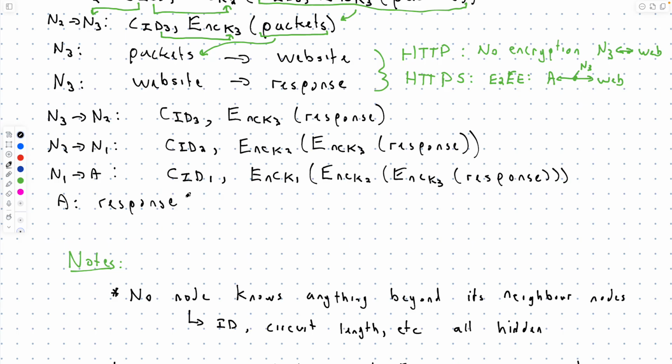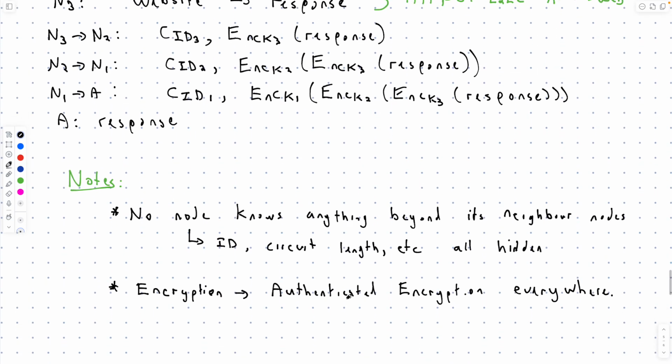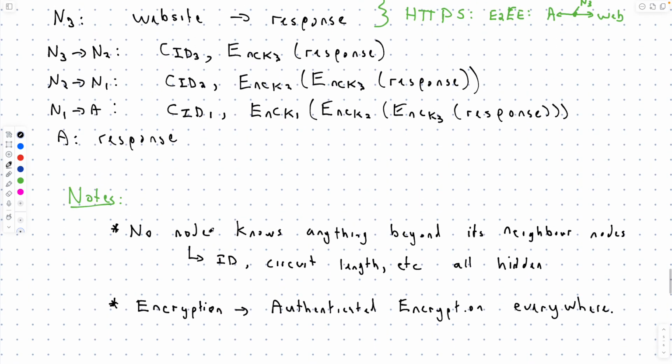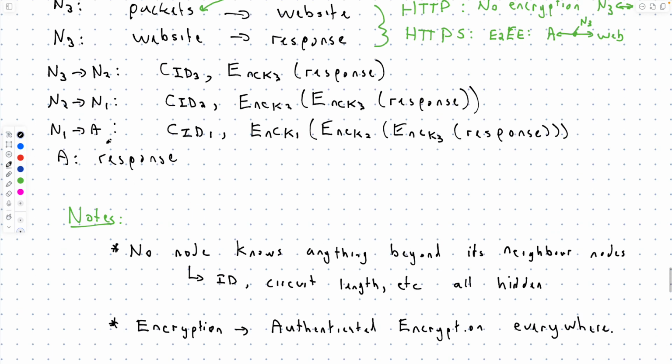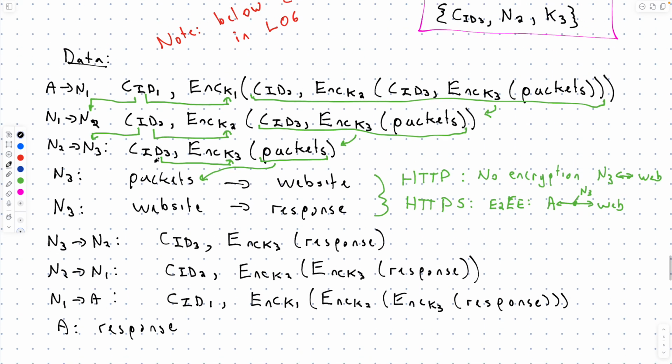Okay, questions about how this all works? Okay, and the security property we want is, so two things. One is that no node should know anything beyond its neighbor nodes. So let's look at N2, because N2 is probably the logical one.